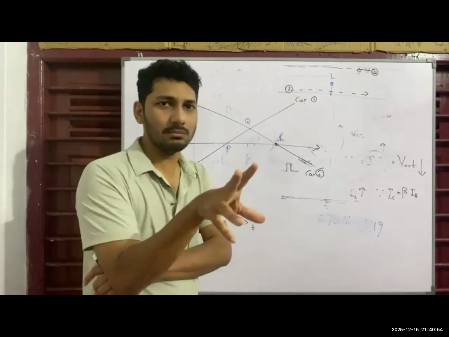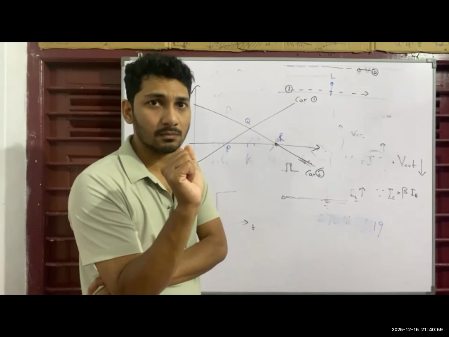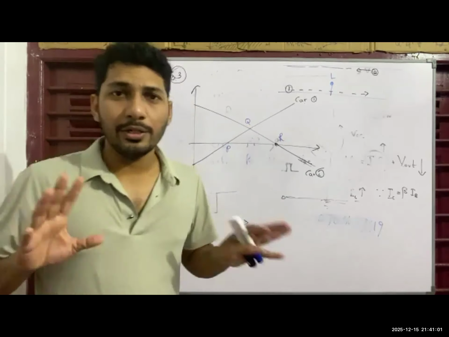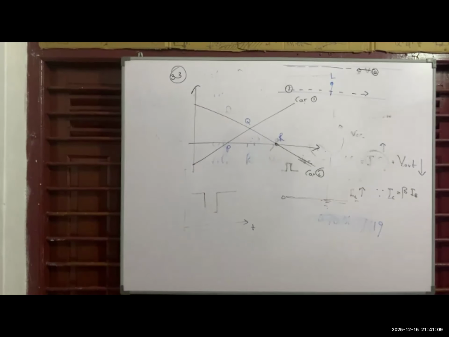Are they meeting? Do the cars cross? They cross, right? They are coming to the same point at Q. They cross. But you can see one has a positive gradient, one has a negative gradient, which means one is moving towards the lamp and the other one is moving away from the lamp.